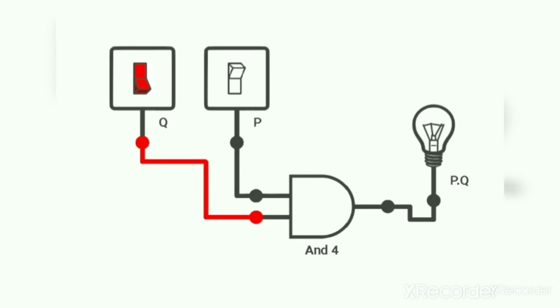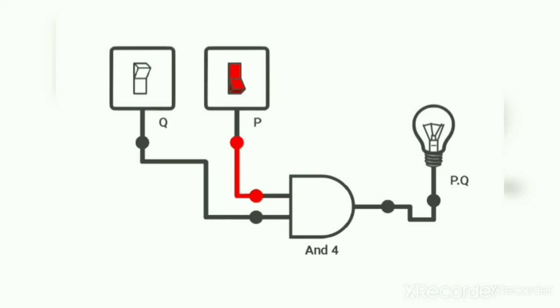Now we are moving to case number 3. That is P equal to 1, Q equal to 0. I am turning on P equal to 1 and Q equal to 0. You can see the output is still 0.